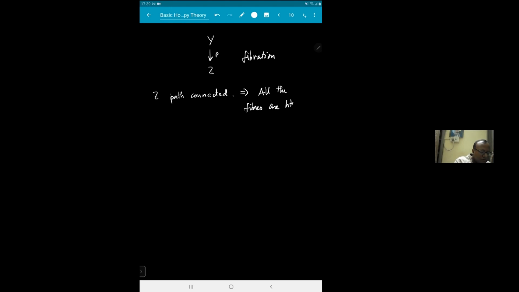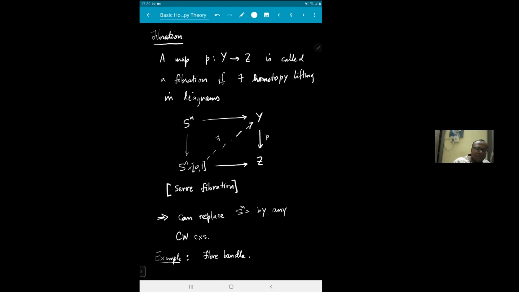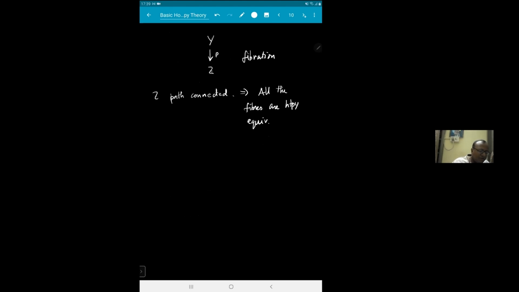It's just a trick with the homotopy lifting property, which was on the previous page. It's a trick with this property, the homotopy lifting property with CW complexes. You will be able to show that all the fibers are homotopy equivalent.